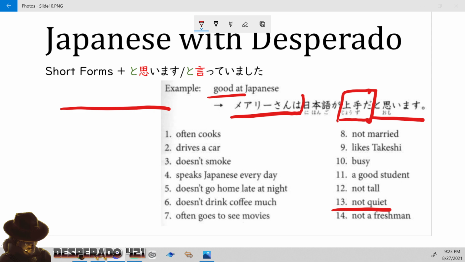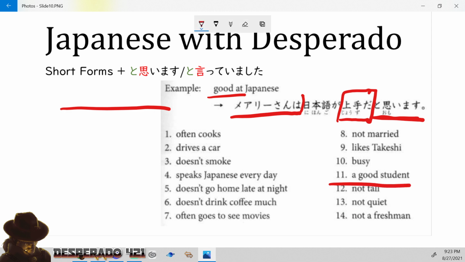Okay. So Meri-san wa shizuka janai to omoimasu. Right? To omoimasu. Very good. Fantastic. All right. How about we do number 11.